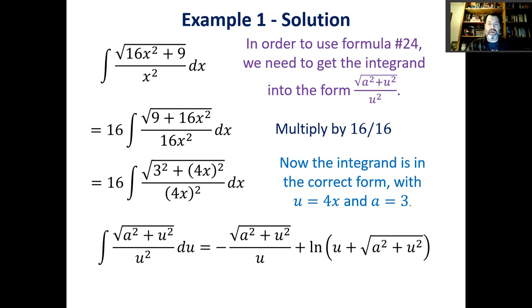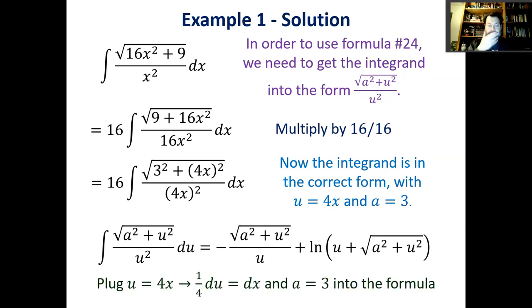So we're going to plug everything in. Wherever we see u, we're going to plug in 4x. Wherever we see du, we're going to plug in a quarter. It's 4dx, so when we see dx, we're going to plug in a quarter du, and a equals 3.